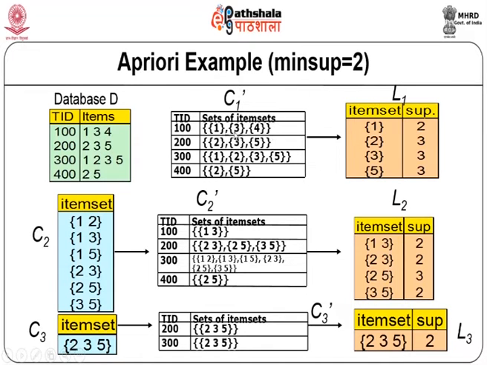The candidate set here is represented by C1 and the frequent item set is represented by the notation L1. The frequent item set generated comprises exactly one element in each and every set. Therefore, it will be treated as the frequent 1-item set.